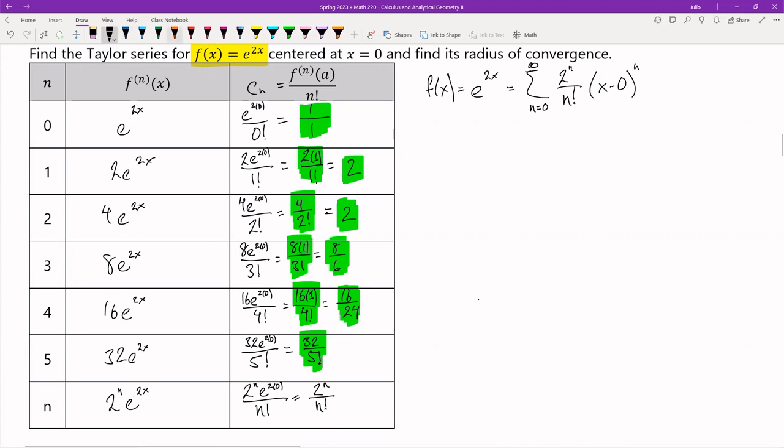If you take a look at this, this is my f to the n of a over n factorial times x minus a to the n. So this is all now equal. I'm just going to clean it up a little and get rid of that 0. So it's going to be the sum from n equals 0 to infinity of 2 to the n over n factorial times x to the n.